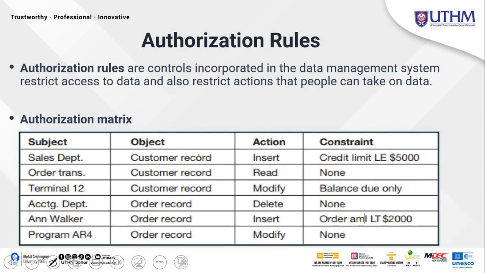They can access the sales department, order transaction, terminal, accounting, and worker, and program AR4. They have different rights: insert, read, modify, delete. This is how they are authorized to do this.